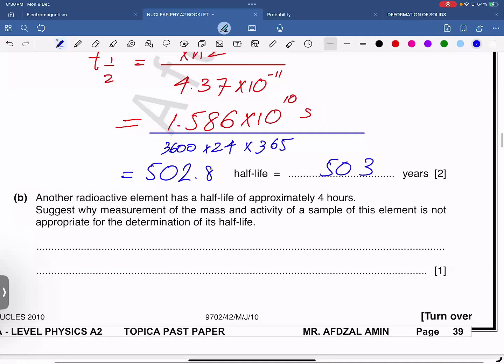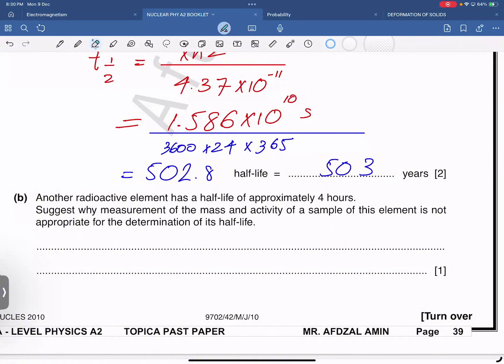That's it. Another radioactive element has half-life approximately 4 hours. Compare the half-lives. Half-life 4 hours compared to 503 years. What does that mean? Decays much more. Which one will decay more, the first sample or the new sample? New. So suggest why the measurements of the mass and activity of the sample of this element are not appropriate to determine its half-life.